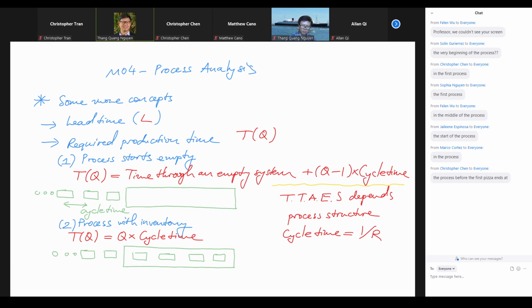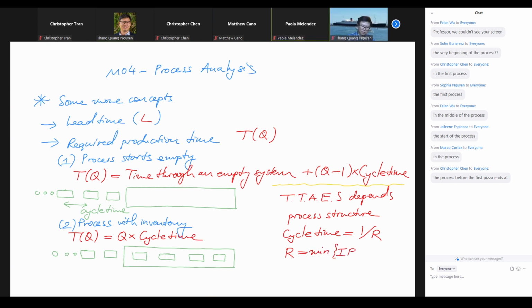And to calculate the flow rate itself, remember it is the minimum among the input rate, process capacity, and the demand rate, right? So in this case, what we do first is determine the process capacity, and then look at the input rate and the demand rate to determine the flow rate. After we have the flow rate, we flip it to have the cycle time.